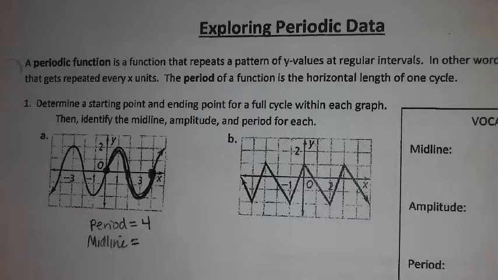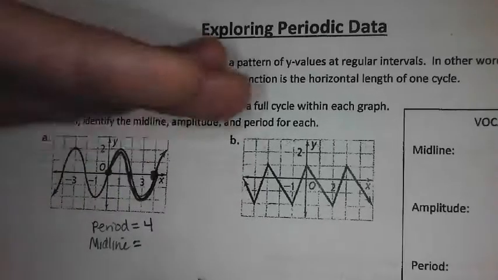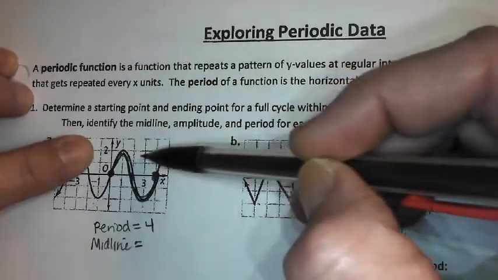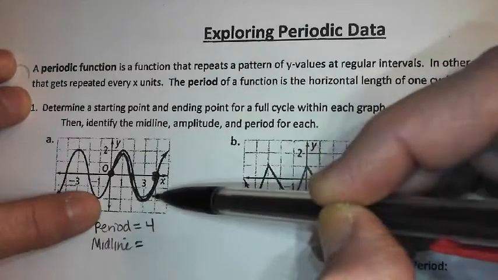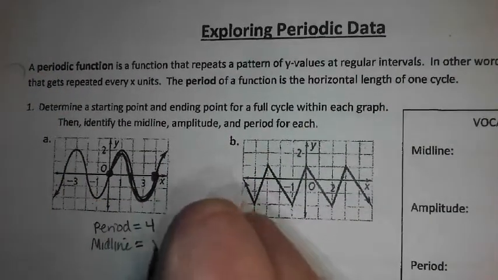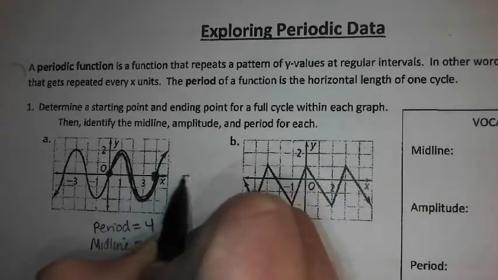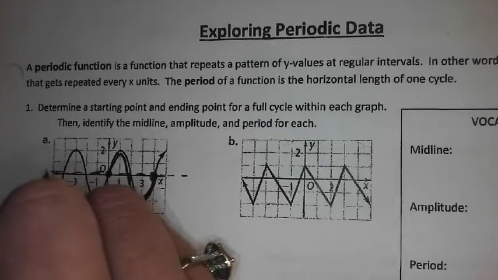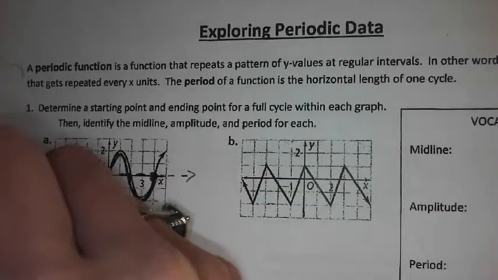Mid is short for middle, okay? So the midline is kind of halfway between the very top and the bottom. So if the very top of this is at 2 and the very bottom of this is at -2, where's the midline? 0. So it's a horizontal line that goes through, and I'll make it dotted, through the middle. That's the midline.